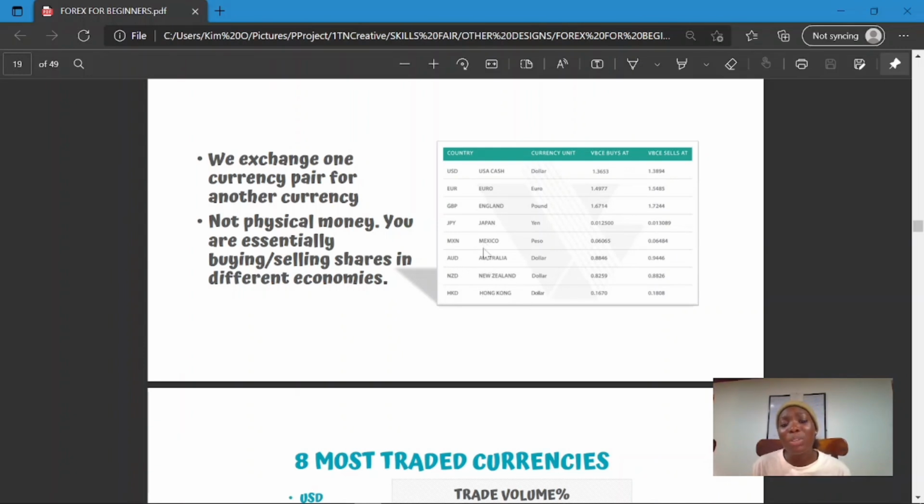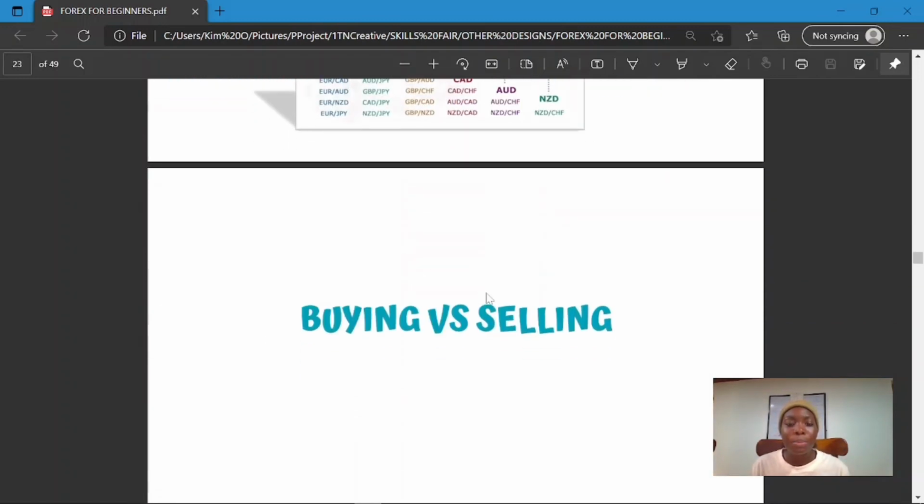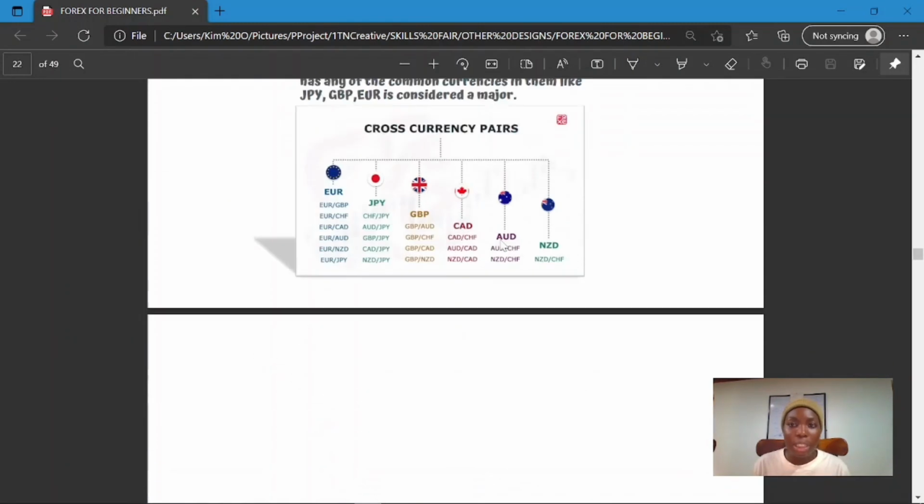They are not part of the 8 most traded, but they are also traded in the foreign exchange market, and they are not so recognized. That's why they are exotic pairs. They are upcoming, I'd say. So we have Mexican peso, Hong Kong dollar, South African rand, Singapore dollar, and so on and so forth. So that's that on what is traded in Forex.